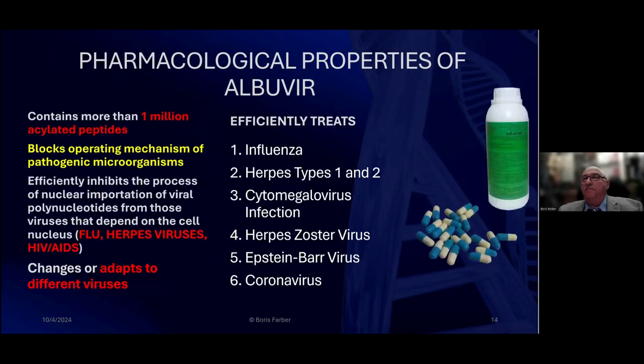Properties of Albuvir: the most interesting property is the ability to adapt to many viruses that directly or indirectly use the cell nucleus. These are influenza, herpes viruses, coronavirus. Albuvir demonstrates rapid onset, stopping influenza virus replication within 30 minutes when administered orally. 30 minutes and it stopped it.